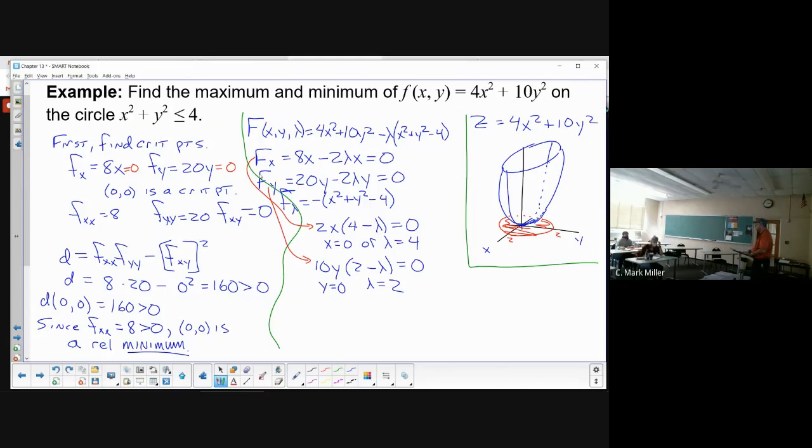Question: did I just find the origin again, 0, 0? No, I did not.